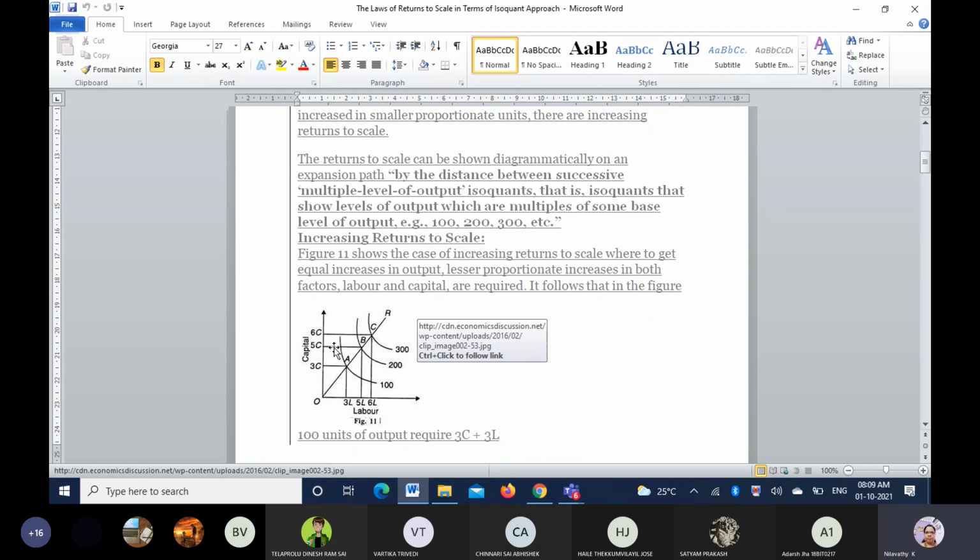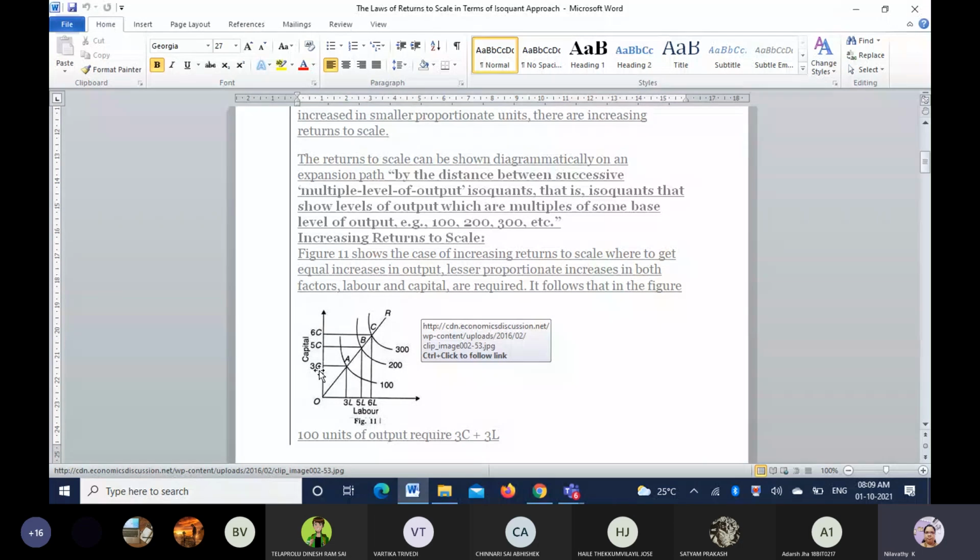Okay, so the next 100 units of output, that is from 100 to 200, when they are increasing their output by 100 more units, they are able to produce with two additional units of capital and two additional units of labor. Initially it required 3 units of capital and 3 units of labor, but in the next stage they were able to achieve another 100 units of production with two more units of capital and two more units of labor.